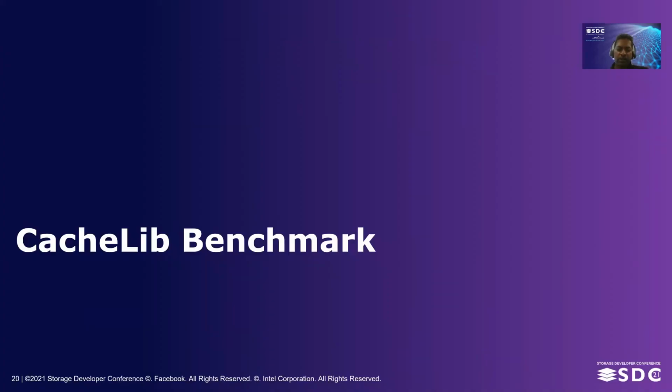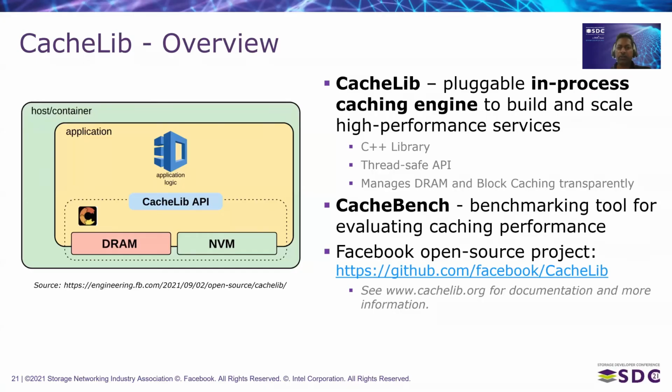Let's take a look at a benchmark that highlights how different types of tiers and configurations can impact performance. We will use CacheLib as an example. CacheLib is a pluggable, in-process caching engine that manages the tiering automatically.